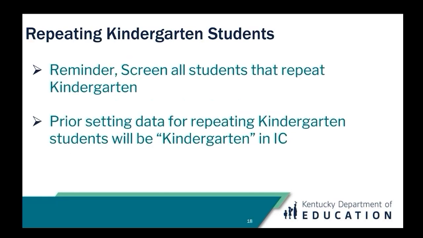Please keep in mind when screening that repeating kindergarten students will be screened again, just as all other students. Their prior setting data will be recorded as kindergarten in Infinite Campus. Repeating kindergarten students will ultimately have 2 entries for prior setting, one for last year and one marked kindergarten for this year.